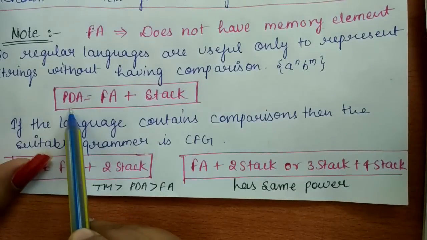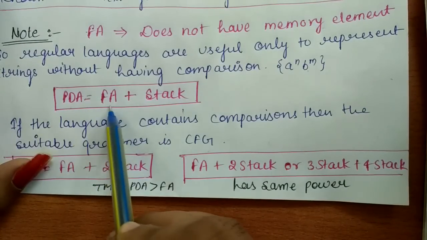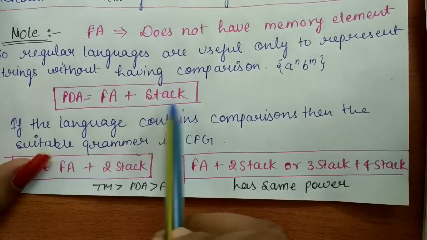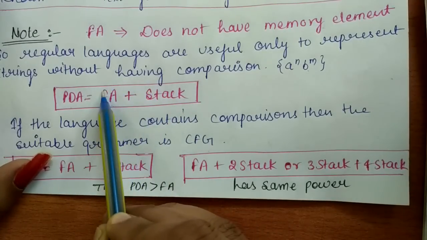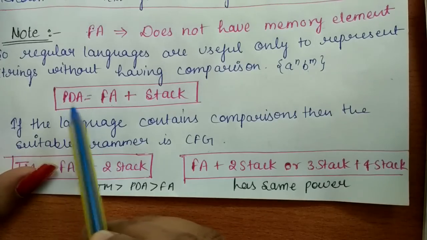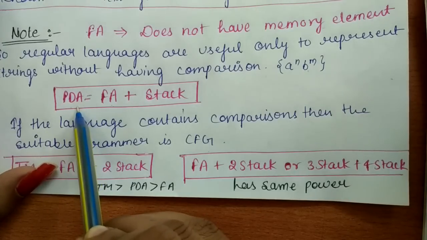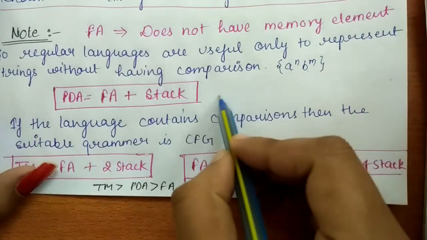Now the push down automata. Push down automata is nothing but a finite automata with one memory element. If we add a stack to the finite automata, then it will be a push down automata, and the push down automata is used for those strings which have only one comparison.